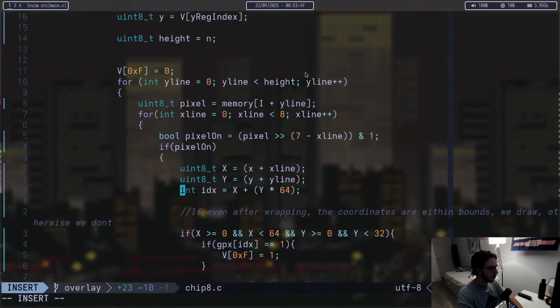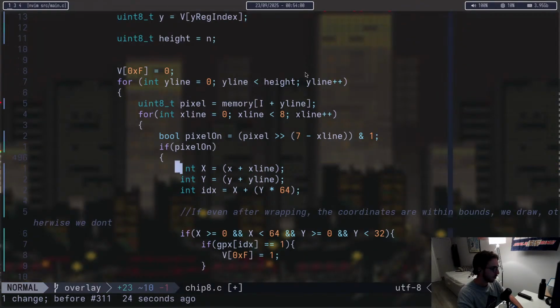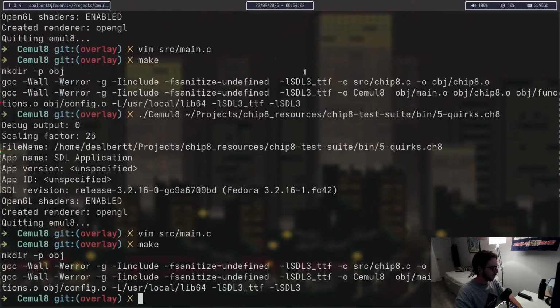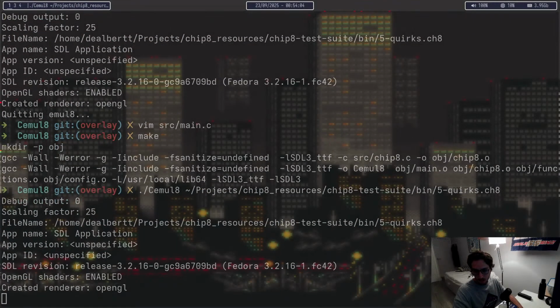But I don't think this is worth doing. Maybe it is. No, let's just skip it this way. It's such a subtle thing.